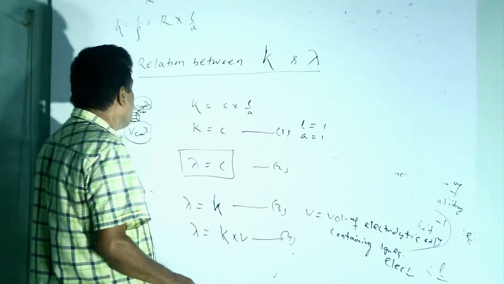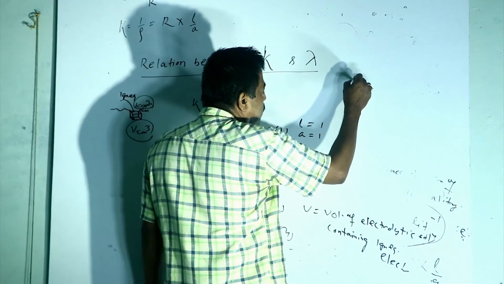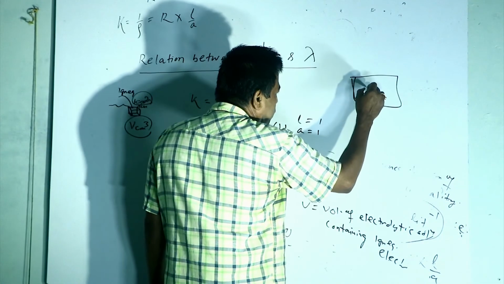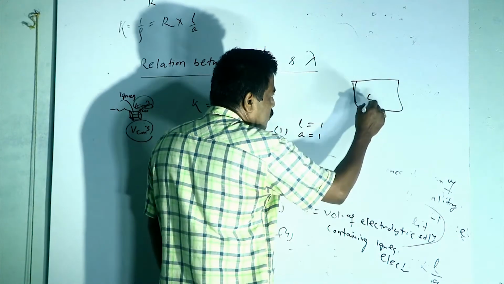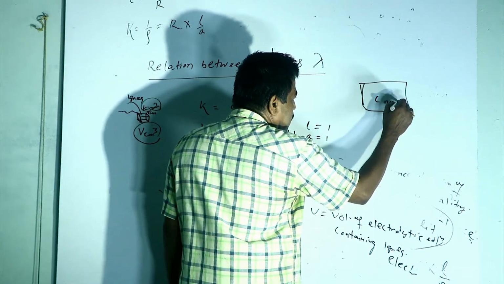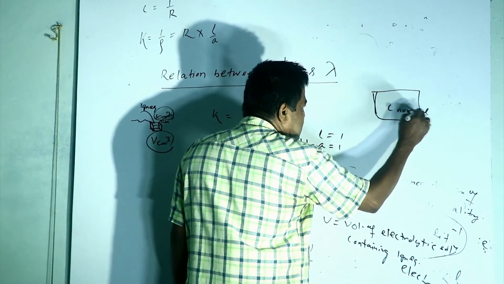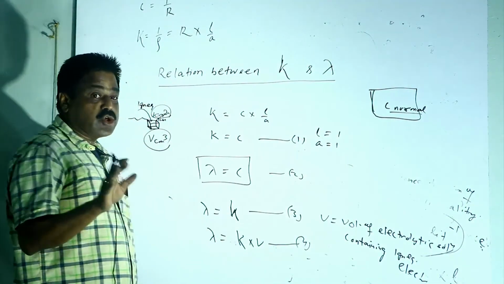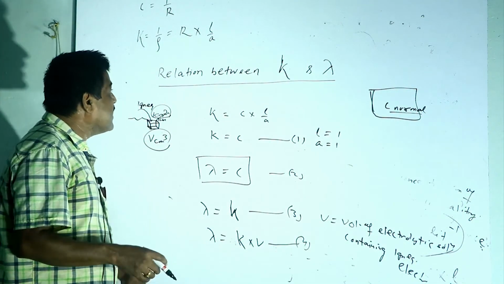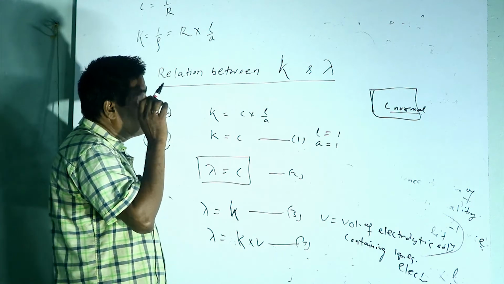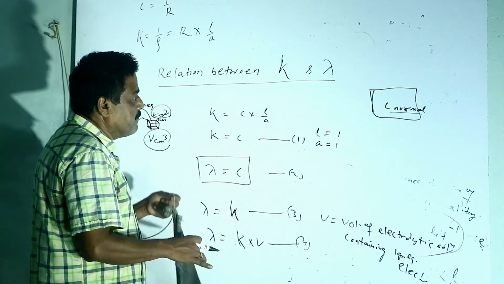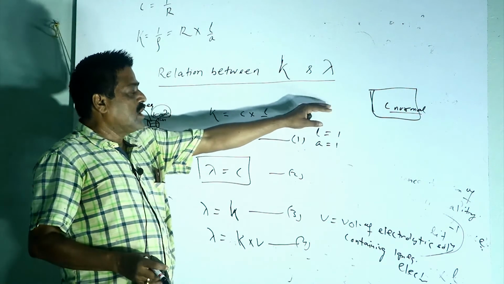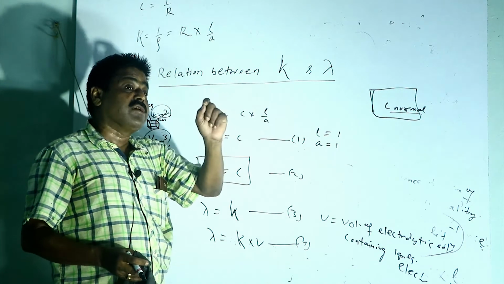Let us consider a solution of concentration C normal. C normal means C gram equivalent per liter.